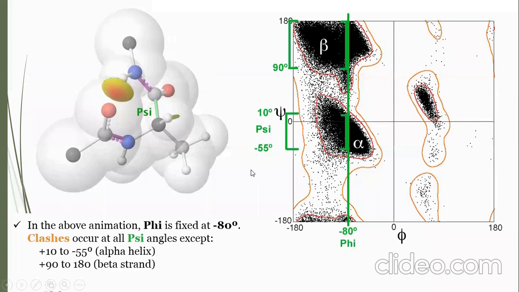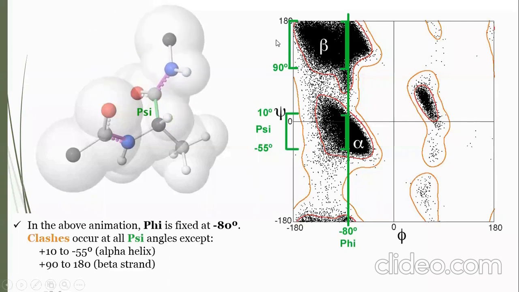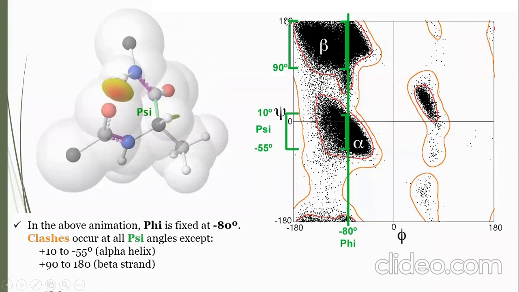One ranges from plus 10 to minus 55, and that is the alpha helix conformation. The second one is plus 90 to 180.